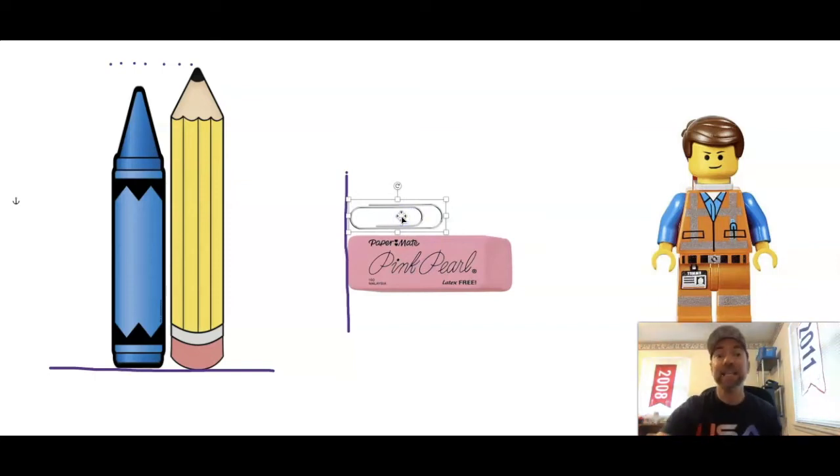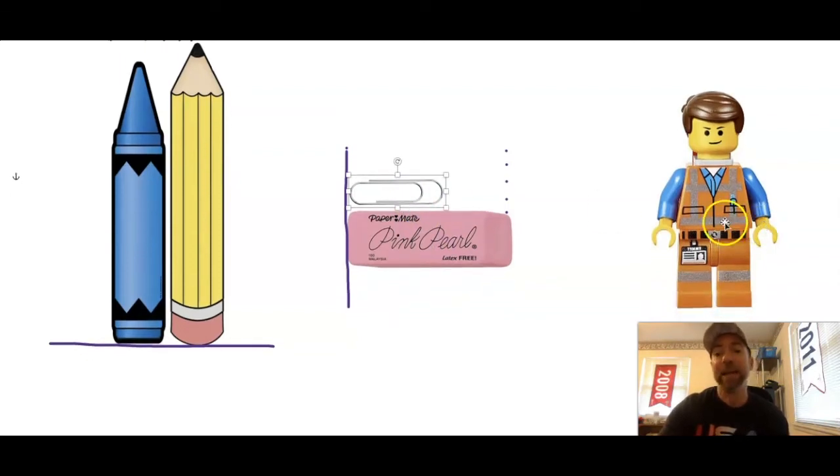Now I can see which one is longer. The pink eraser is longer. It goes further than my paperclip does. So my eraser is longer. My paperclip is shorter.